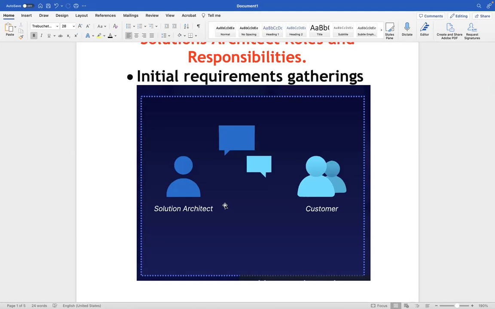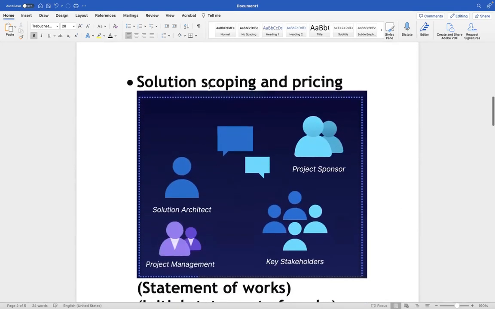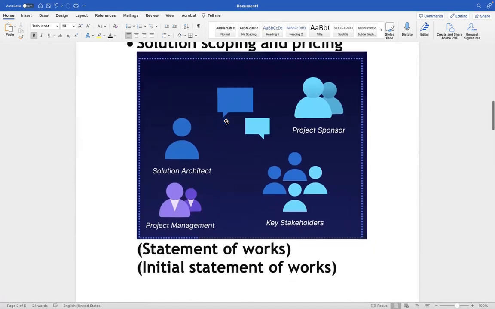So depending on what that initial discussion reveals, you're probably going to go back and put together some sort of solution, scope and pricing. Like I put here, solution, scope and pricing. Typically we call this a statement of work.